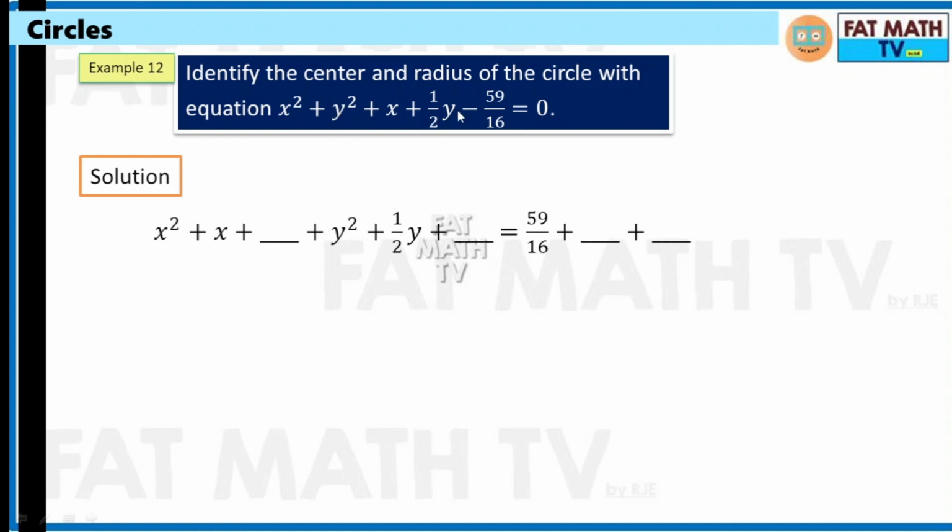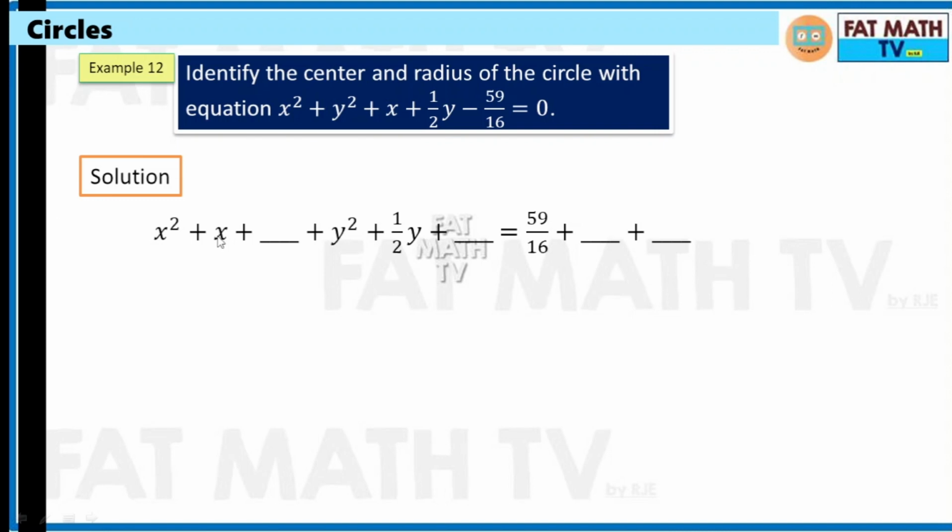And then y squared and 1/2 y should also be together, and then after that, complete the square. And negative 59 over 16, you put to the other side of the equation, that will be positive 59 over 16. For this one here, there's nothing that appears, so the coefficient is understood as 1.